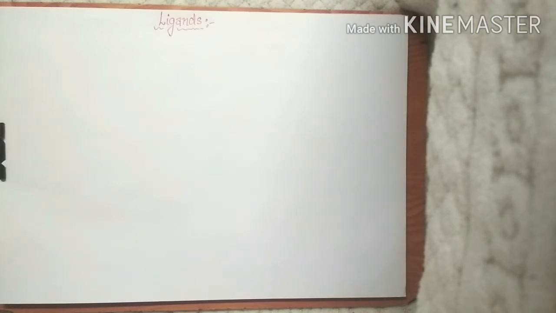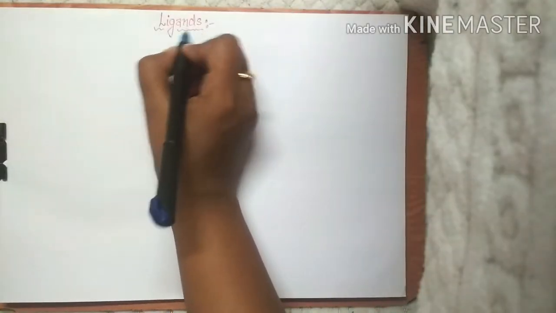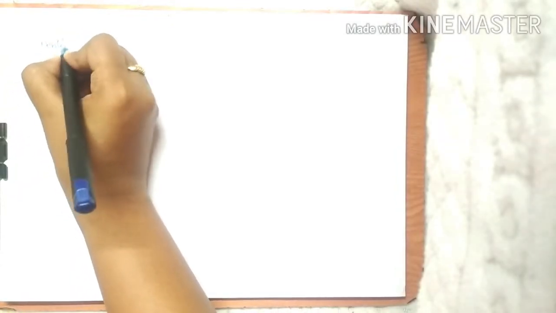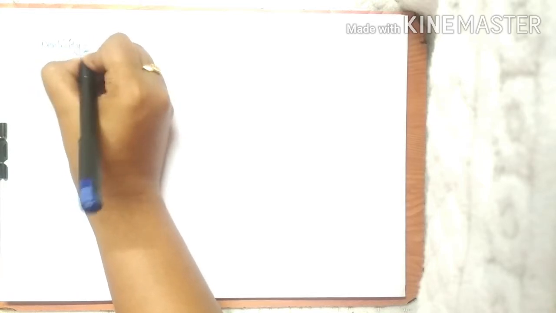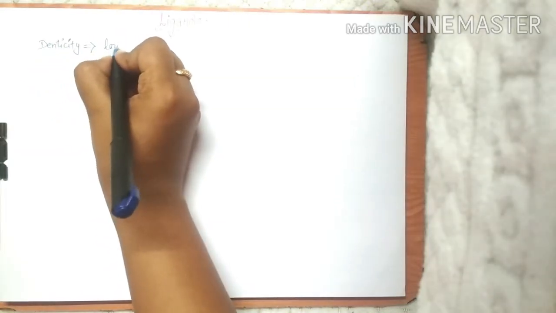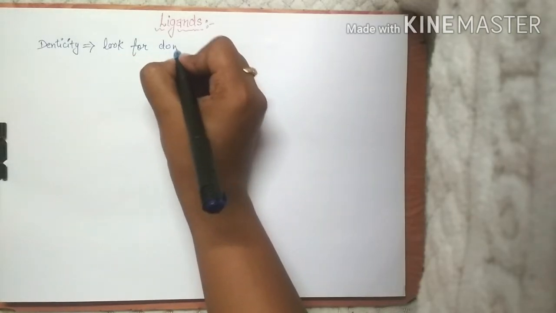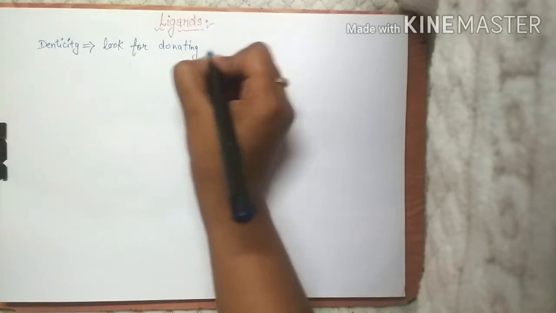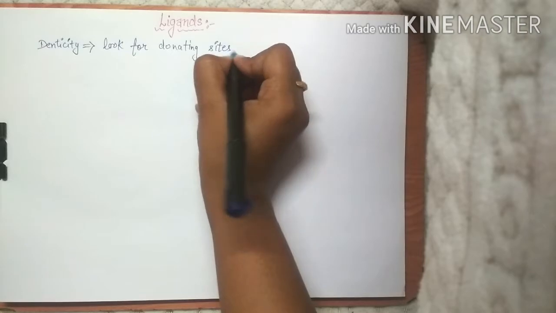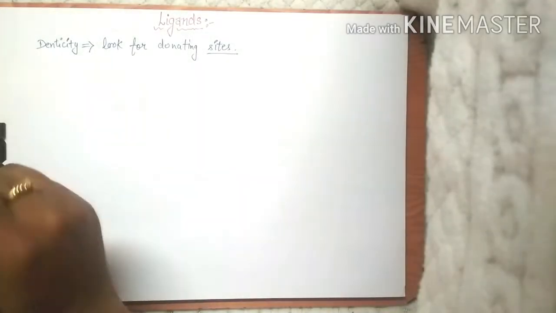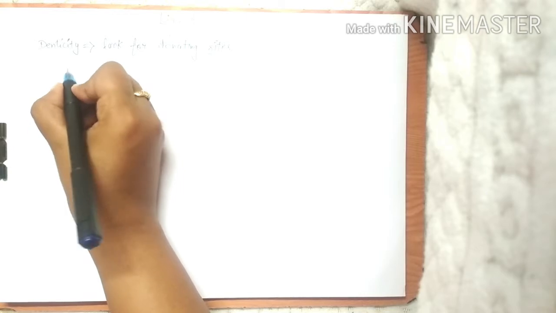First of all, we have discussed that if we are talking about the denticity of a ligand, then you have to look for donating sites. For example, I have an NH3 type of ligand.